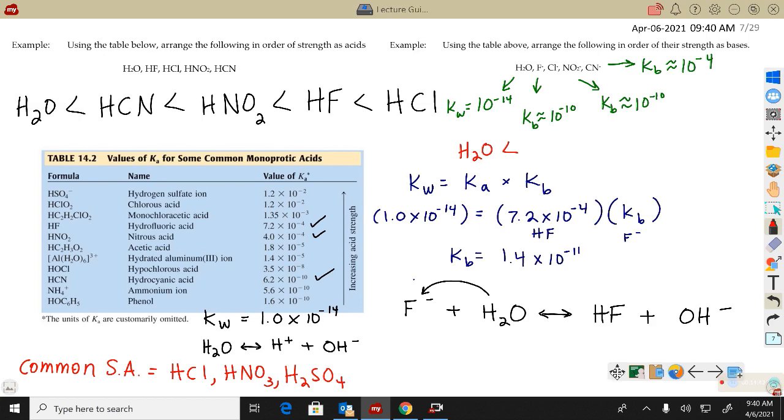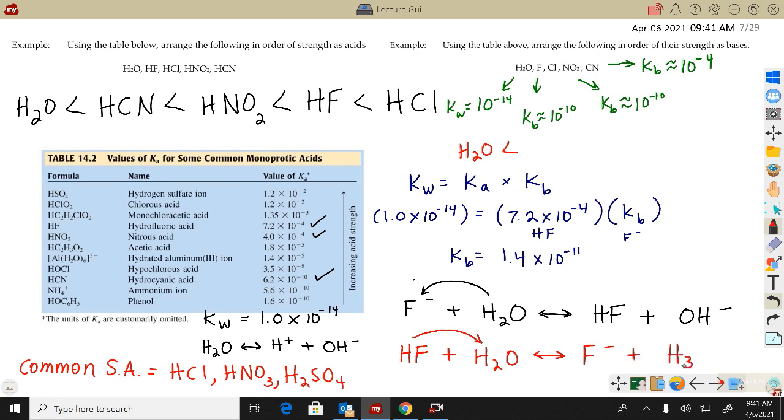It could, but it's less likely. So for example, the dissociation equation for the HF in water would look like this. I'm going to lose the hydrogen. This guy's going to act like an acid to form the conjugate base, and then the H3O, hydronium, which is a sign of an acid.